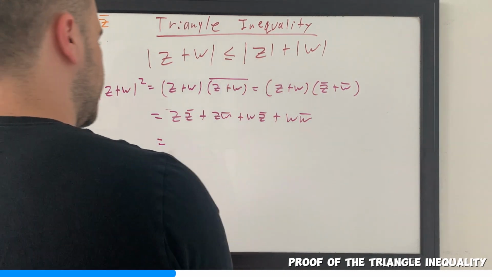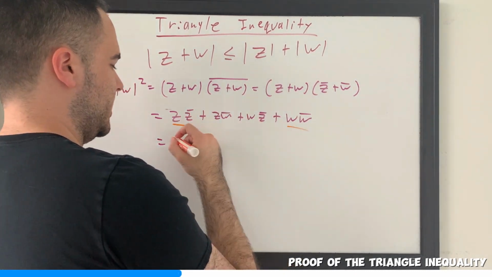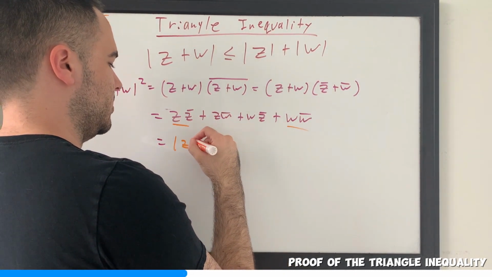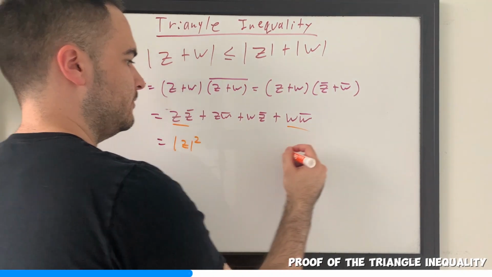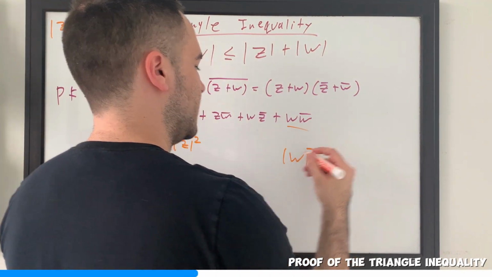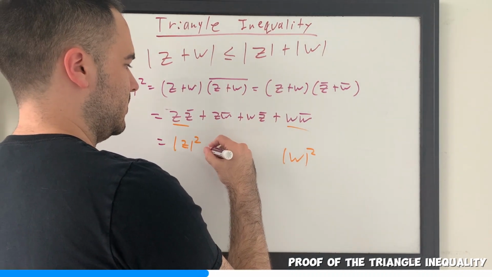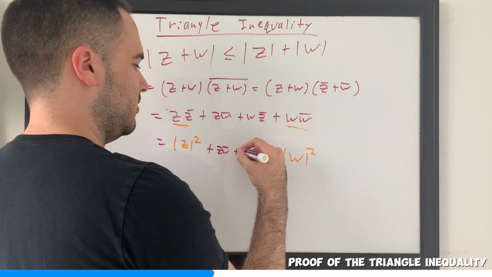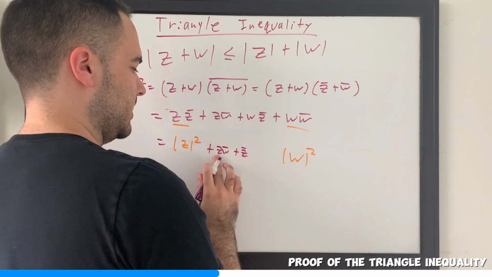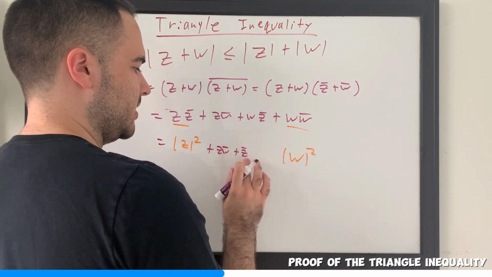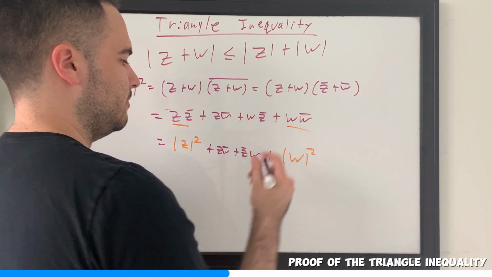The first and last terms are the same as the modulus squared of each, plus the terms in the middle, which is z times the conjugate of w plus the conjugate of z times w.